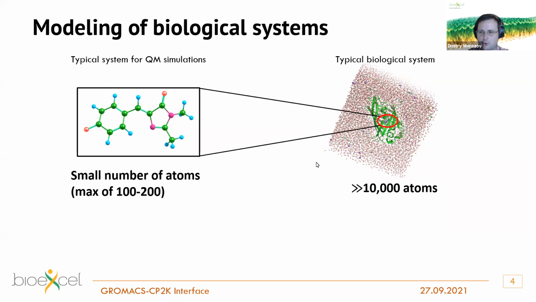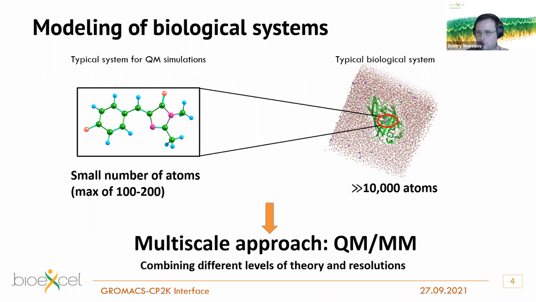So the problem is that you need to describe this biological system, but sometimes you want non-standard residues or some reactivity, which you cannot achieve with classical molecular dynamics or molecular mechanics. So you need to go to quantum chemistry.